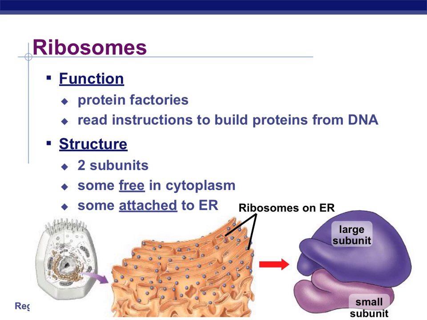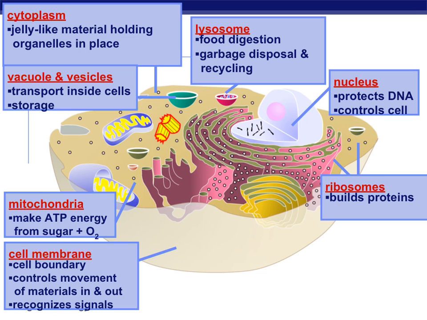The importance or the structure of the ribosomes to know about is that there's a large subunit and there's a small subunit. Some are actually free in the cytoplasm, and some are attached to the endoplasmic reticulum, which would then be called the rough endoplasmic reticulum. You can pause here to review the cell parts.